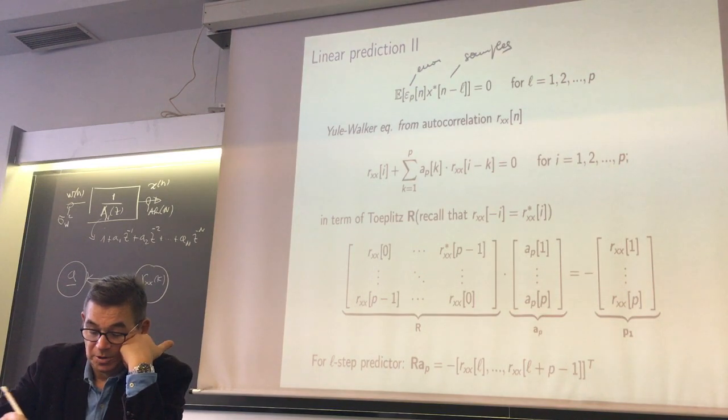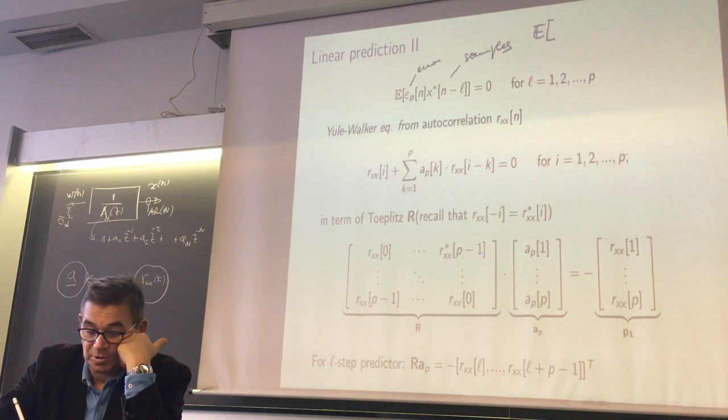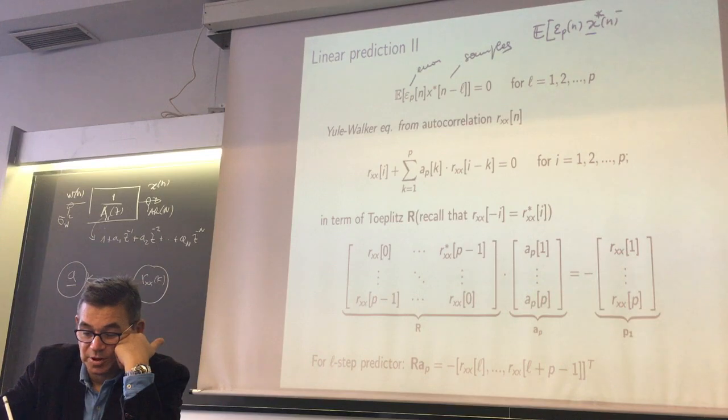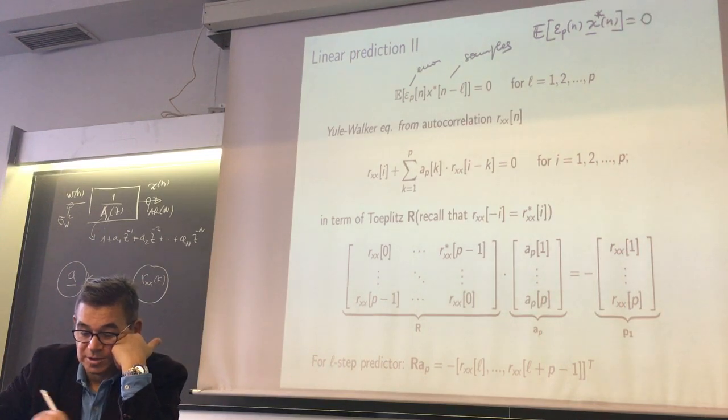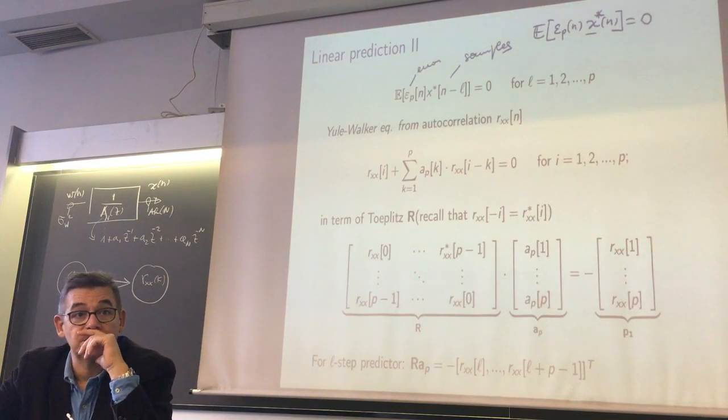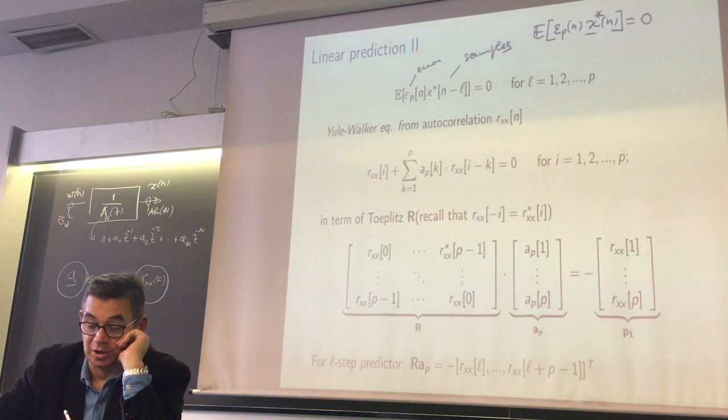So this condition is the same as orthogonality between epsilon p n and the vector x n, complex conjugate, in case it's complex. Okay, so this is the orthogonality condition.